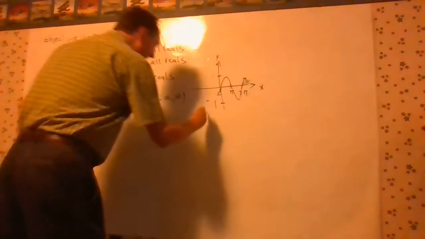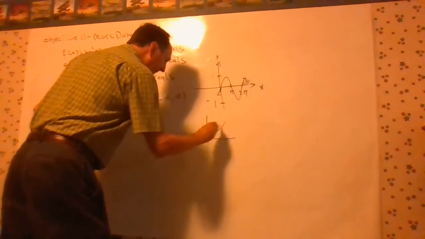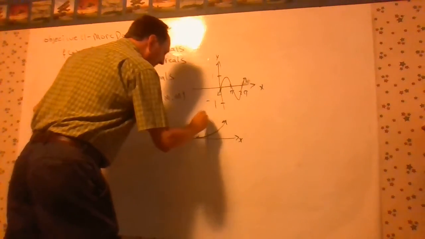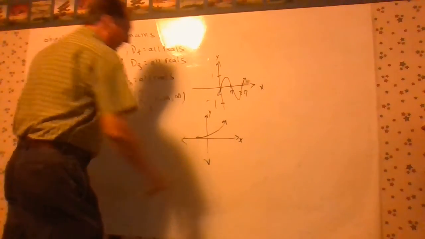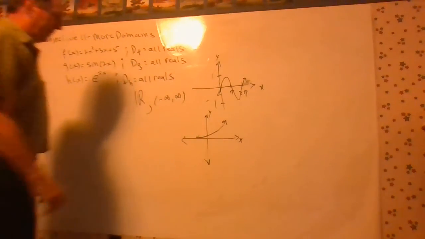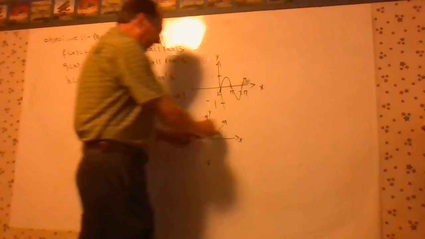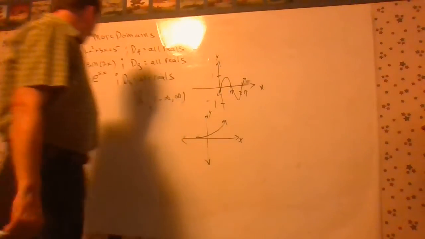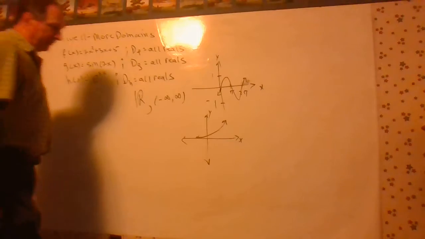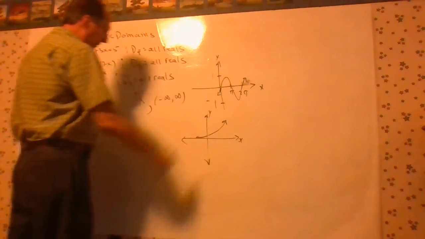E to the x, the basic exponential function, looks like this. Okay, it takes off to infinity, and then it approaches the x-axis asymptotically. It goes infinitely to the left, and it goes infinitely to the right. This 5 up here just accelerates the growth to infinity and accelerates the exponential decay.